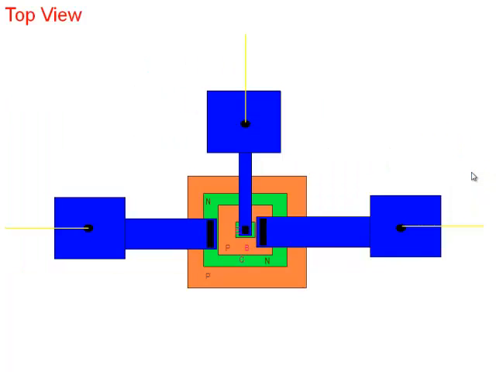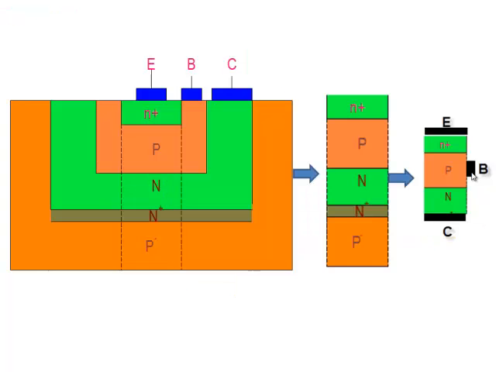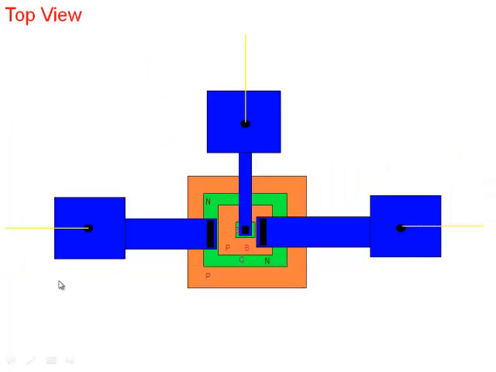Okay, this is the top view. Till now, what I was drawing was a cross section, and the top view looks like this here. There is a region emitter here in the center, then there's a region base here, then there's a region collector here, and we make contacts to the emitter, the base, and the collector.